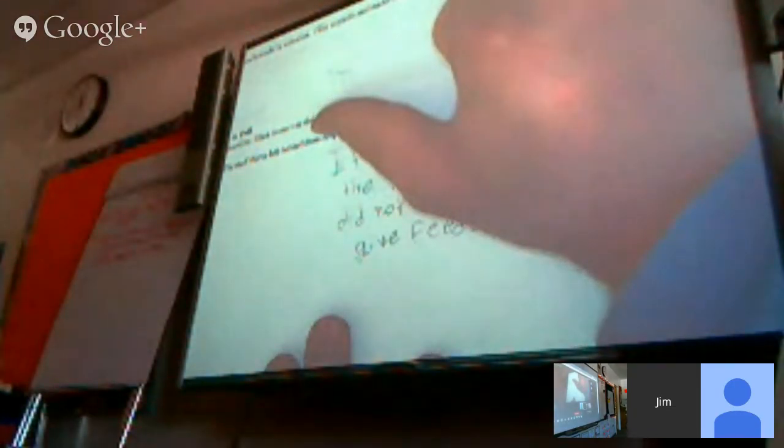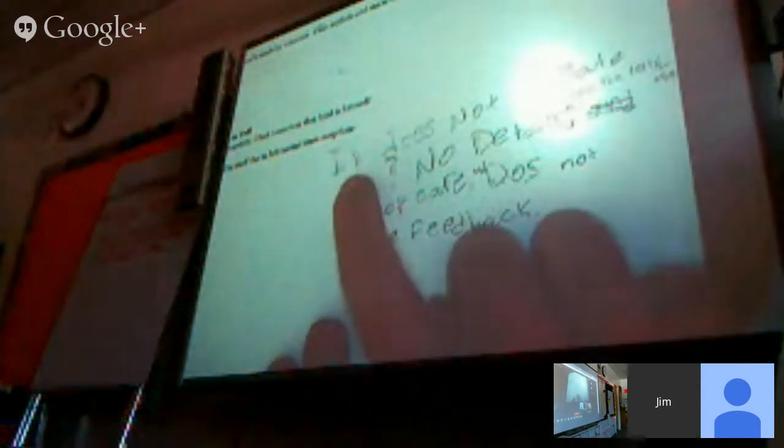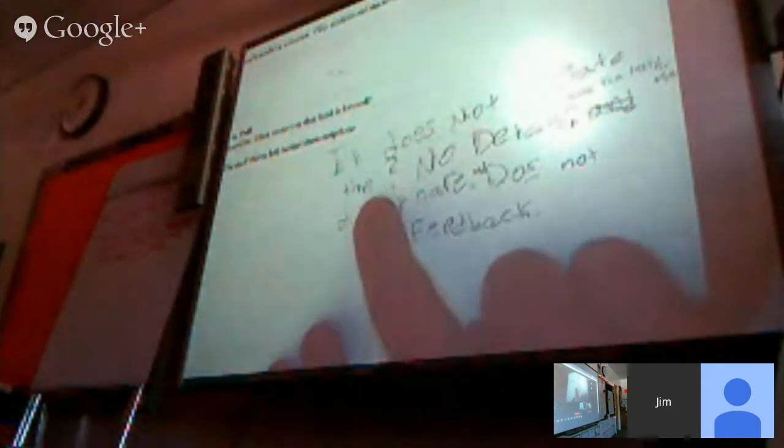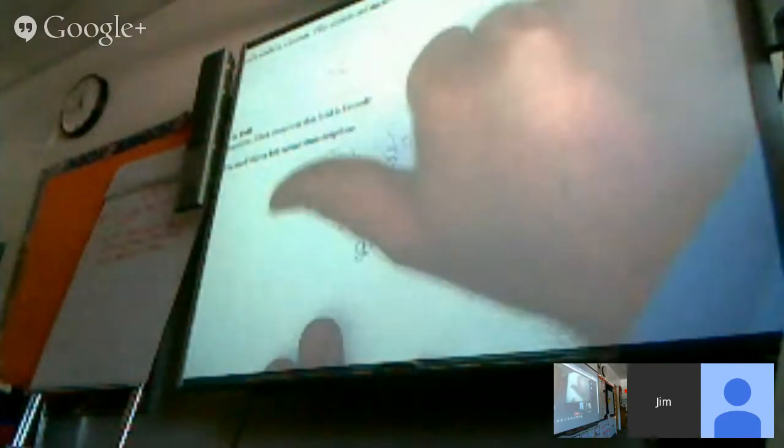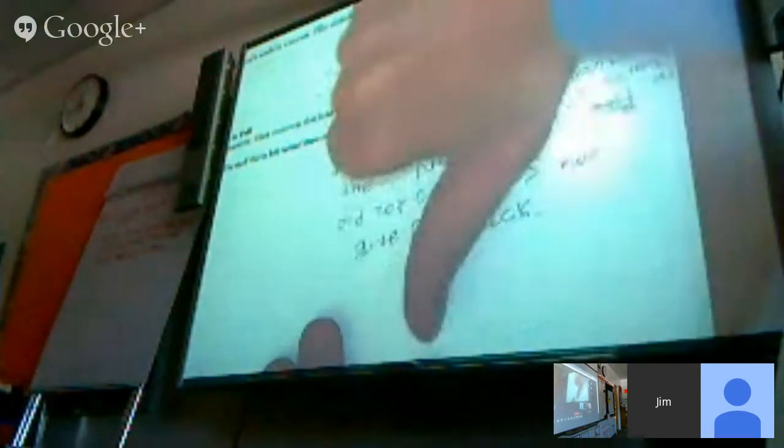It's kind of this way in this classroom because there are sentences on here that come right from the rubric for a 1. But there's a part on here that says, did not care. Is that on the rubric? Thumbstick. Yes, it is. I'm not sure. No, it's not on the rubric.